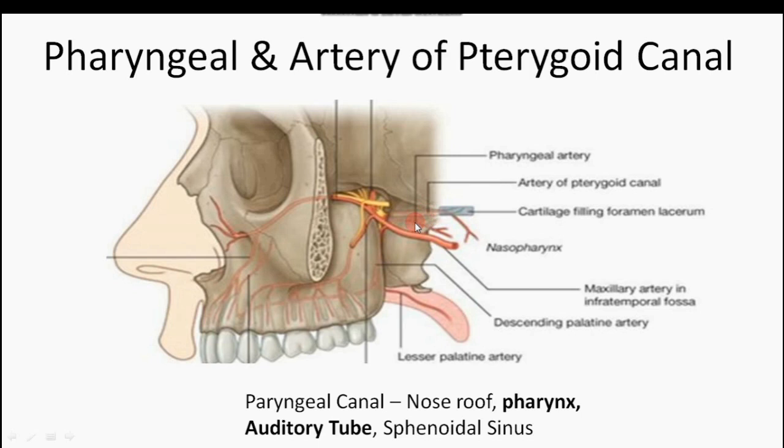So this pharyngeal artery passes from the pharyngeal canal or palatovaginal canal to supply the roof of the nose, pharynx, auditory tubes, and sphenoidal sinus. Whereas the artery of the pterygoid canal, you can see both are very close to each other, and this supplies the pharynx and auditory tube.